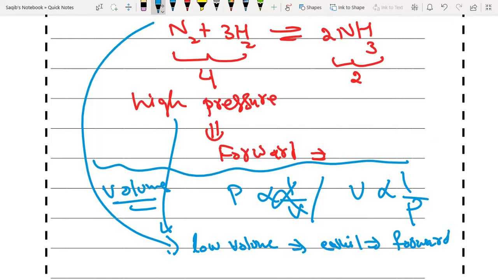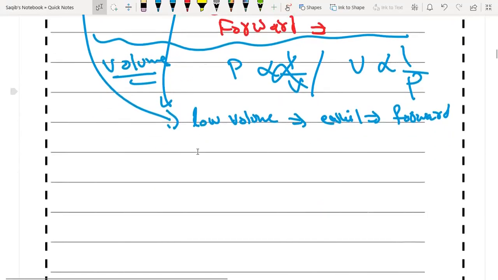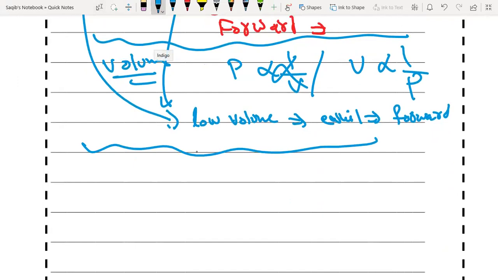The last but not the least is concentration. Concentration is typically a simple concept. For example, take this reaction, again the Haber process.